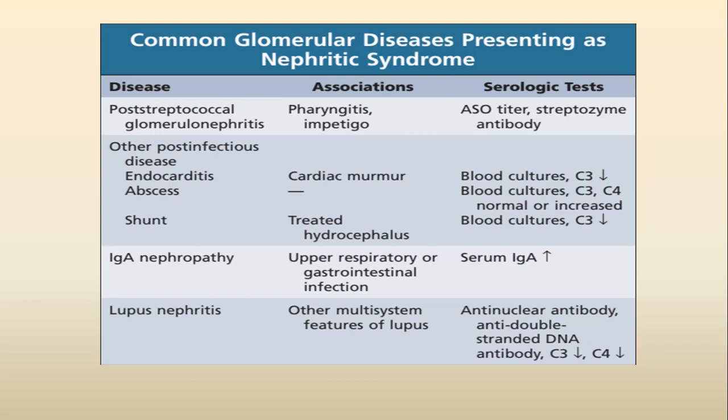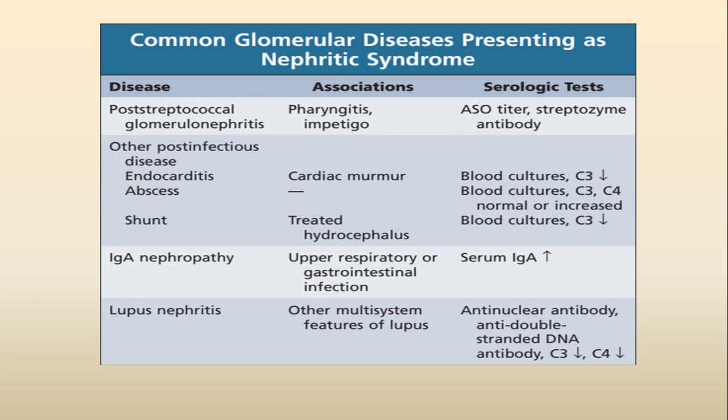Shunt: the patient has a history of treated hydrocephalus. In hydrocephalus, we go for a shunt to reduce the pressure on the brain. Here also blood cultures and C3 are done. IgA nephropathy is associated with upper respiratory or gastrointestinal infections.